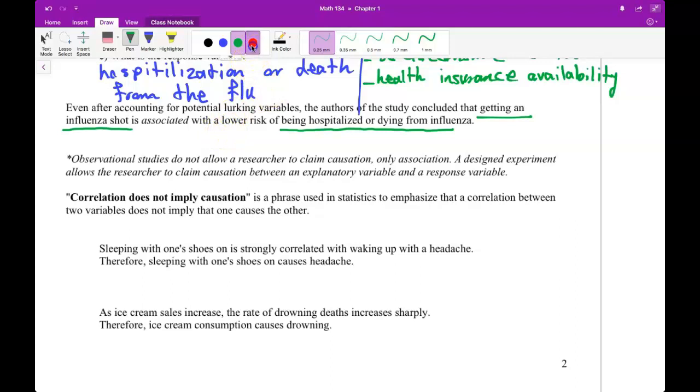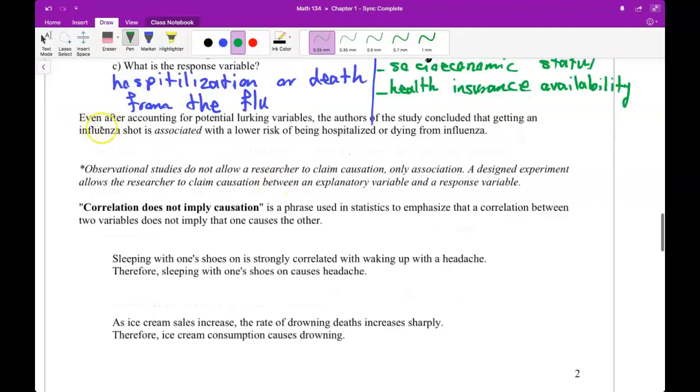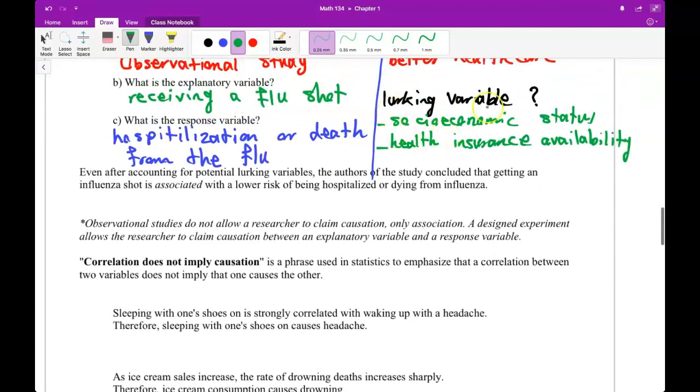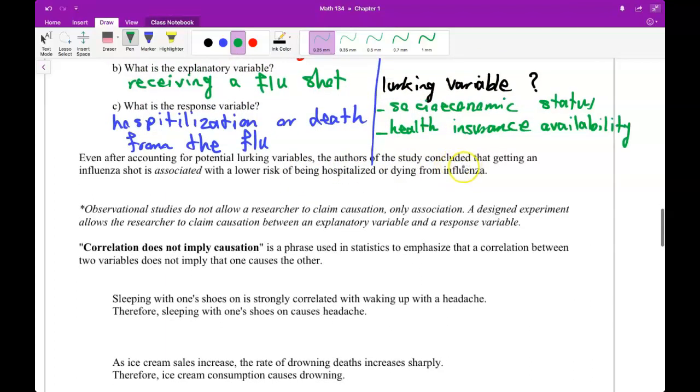So, lower that. Okay, so here, even after accounting for potential lurking variables, so here we got lurking variables, the authors of the study concluded that getting an influenza shot is associated with a lower risk of being hospitalized or dying from influenza.